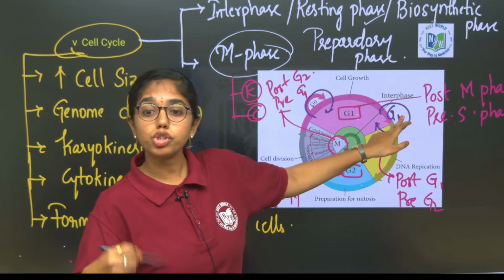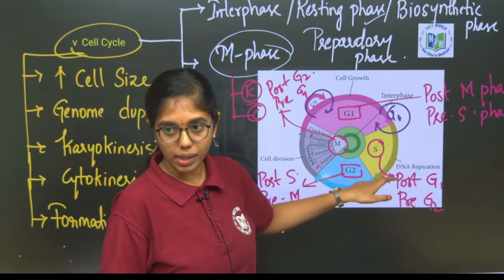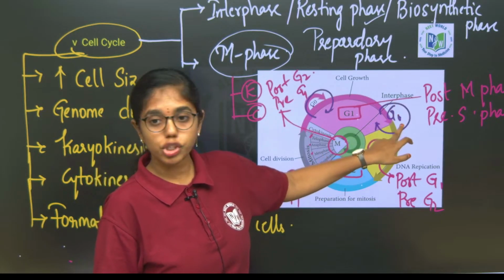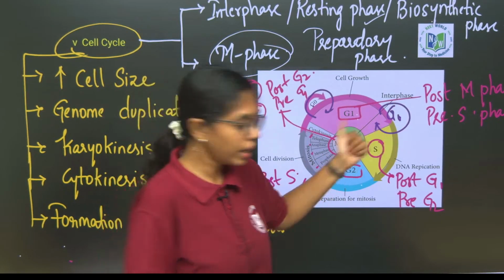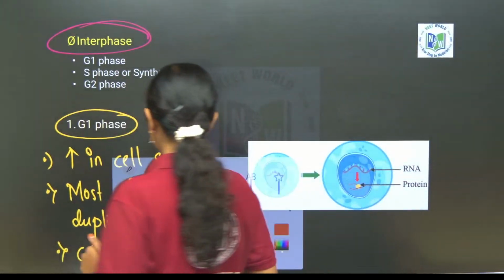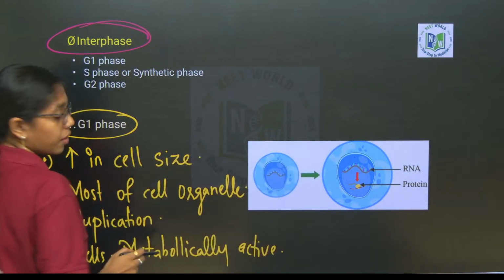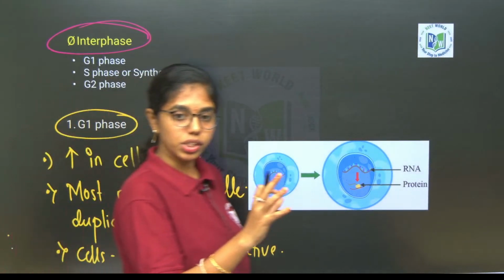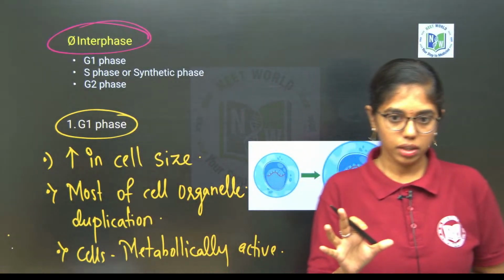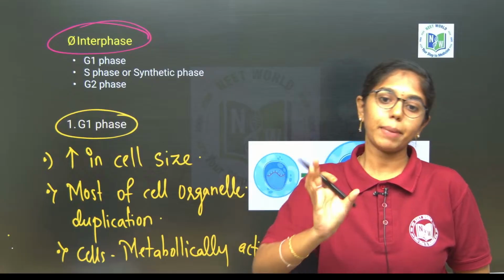Whenever they are resuming back their cell division, they will not enter from G0 to S. They will again enter from G0 to G1 phase. Take down. So from G0 phase, it will go to differentiation sometimes. If they are differentiating, they will not divide at all. If they want to resume back their division, they will again come back to G1 phase.